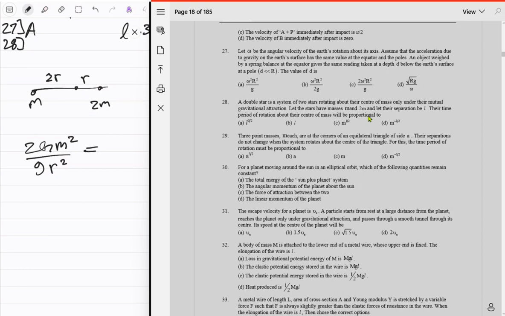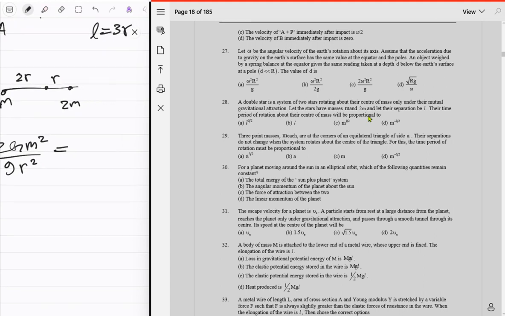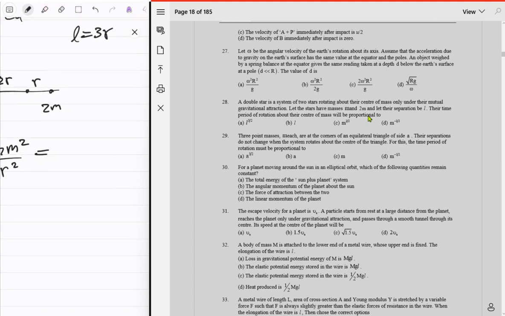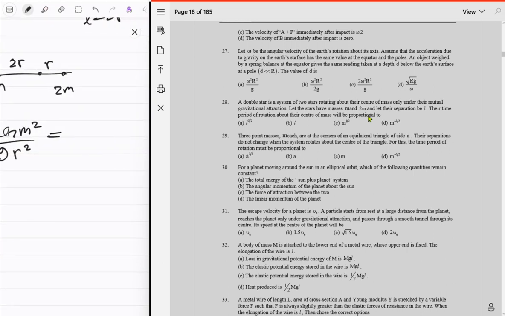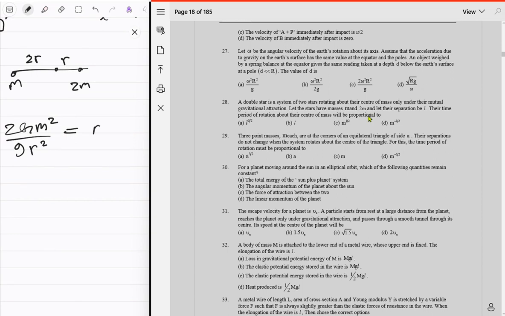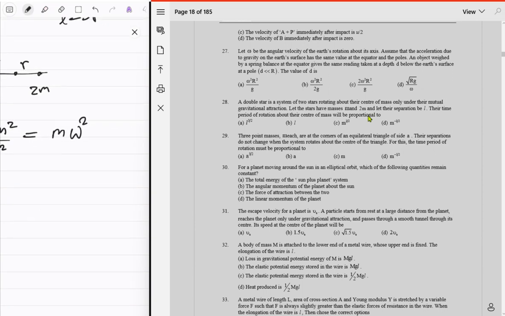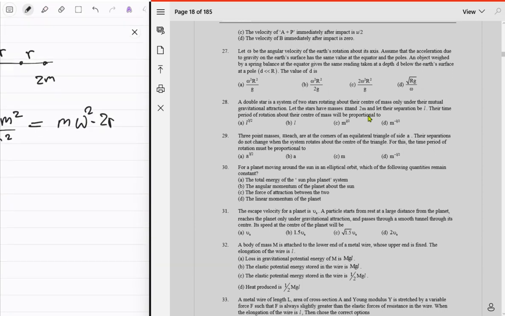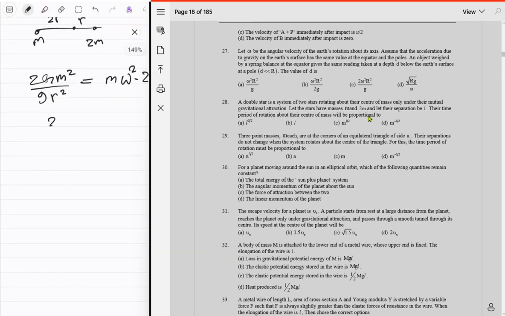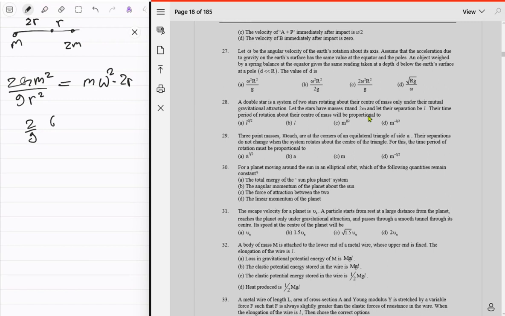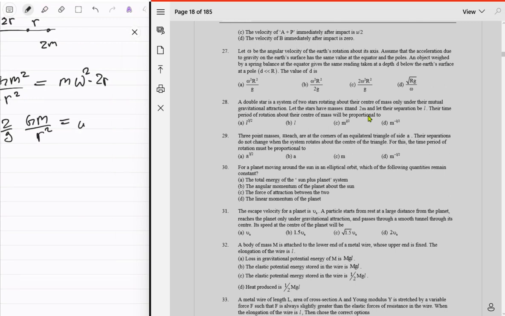This is just equal to m omega square r, and for the other star it is m omega square times 2r, and similarly we get that factor of 2. So what do you have? 2 upon 9 G m upon r squared is equal to omega square r.